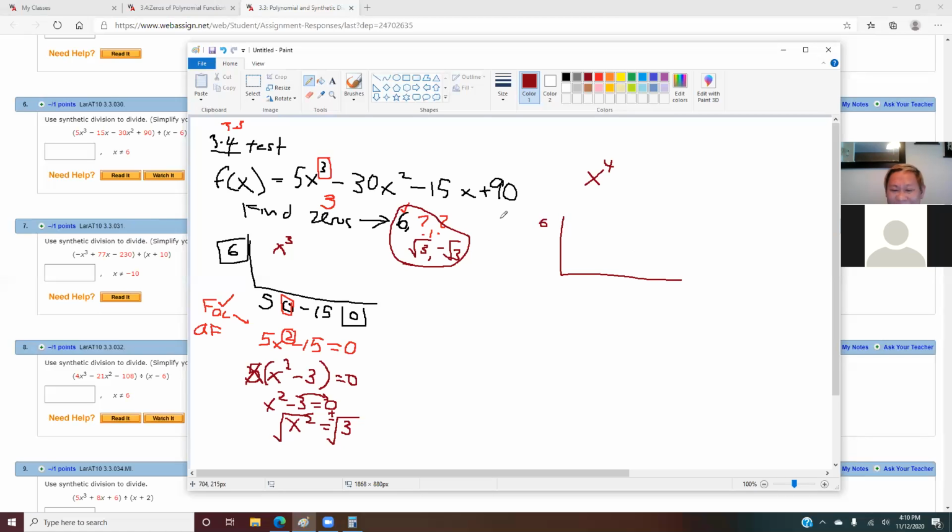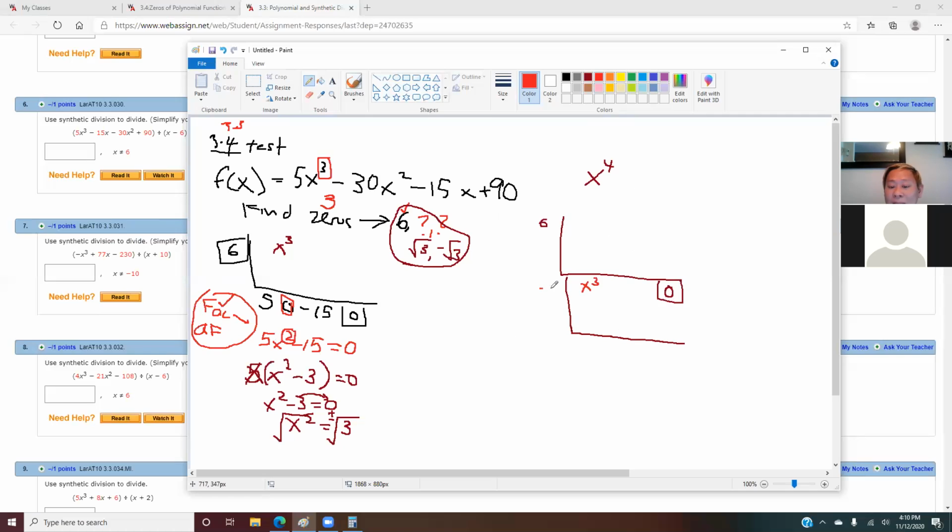Let's say again 6 as an example. You get 0. And then whatever is left over here, you have to perform another synthetic division, because when you have a power 4 and perform a synthetic division, the result should become power 3. And you cannot factor or use quadratic because they're only used for power 2.